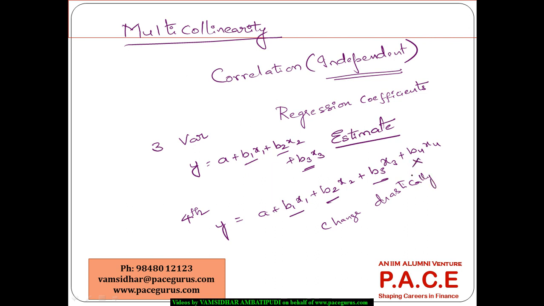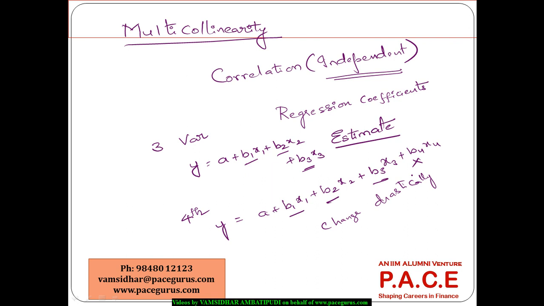That is where multicollinearity comes into the picture, which means one additional variable you bring to the table, and the whole coefficients and the whole model get distorted. This occurs because the various independent variables which we are taking to explain the regression are really not independent. They have very heavy pairwise correlation existing between them.